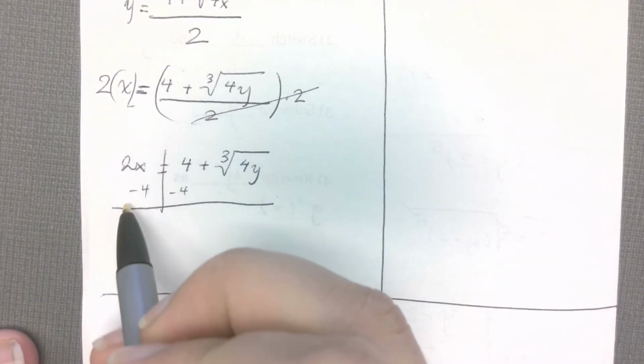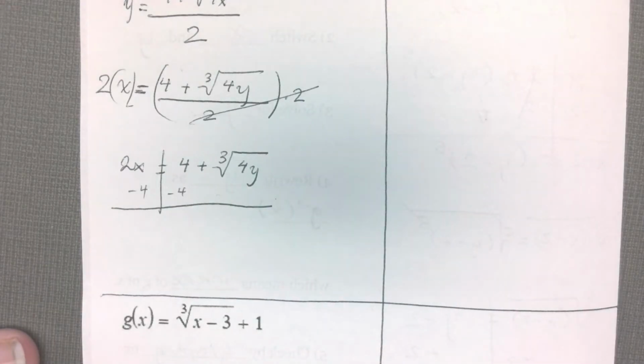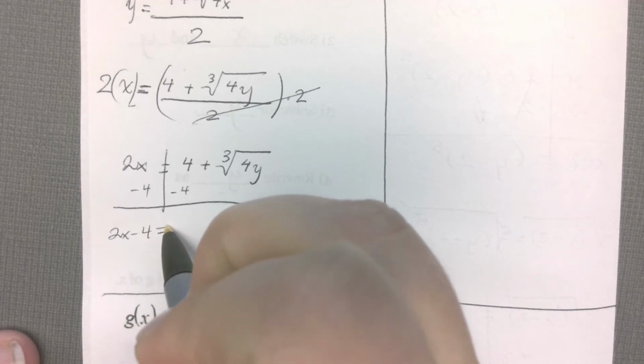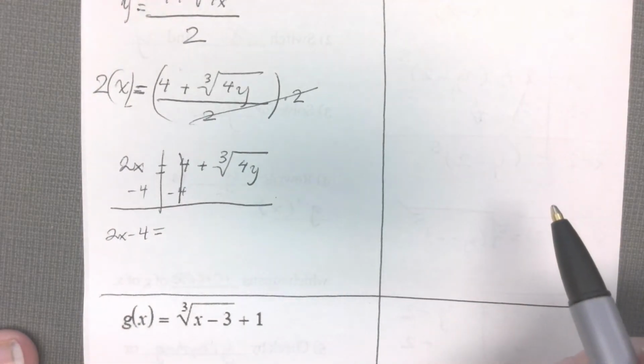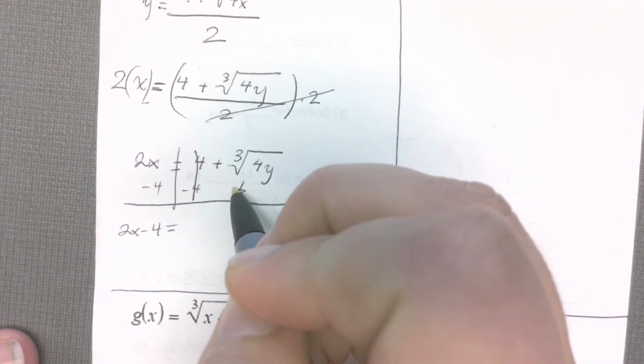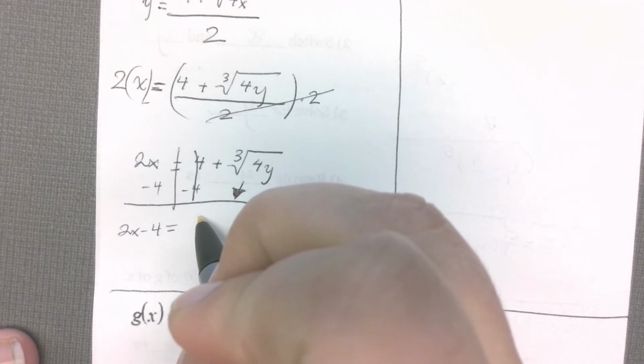Are those like terms? Do they both have x's? Then they're not like terms. What do I do with this guy? Is that a 4? Yes, sir.